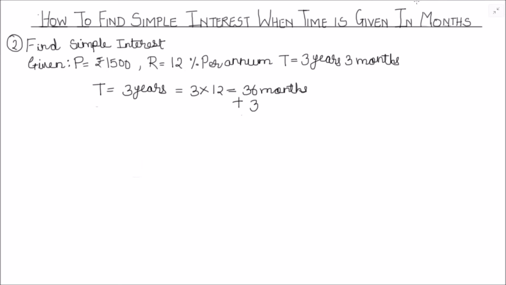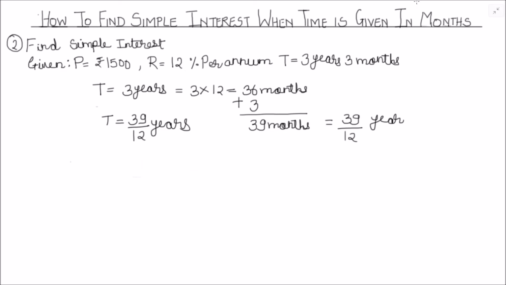So total time period will become 39 months, which is equal to 39 divided by 12 years, as there are 12 months in a year. So our new time period is now 39 by 12 years.